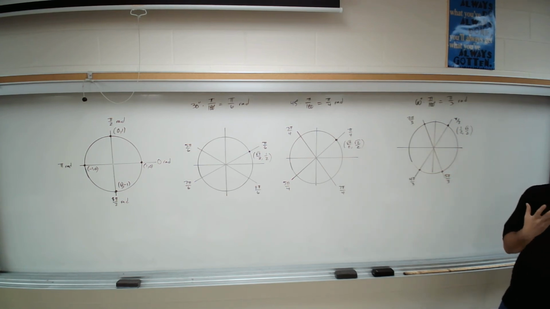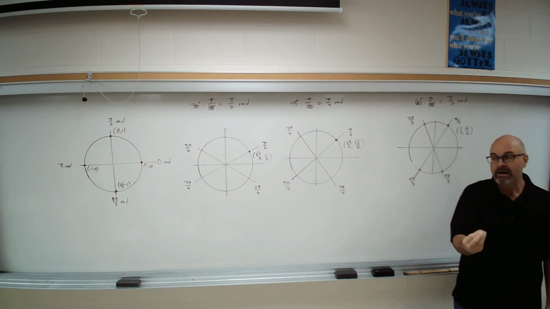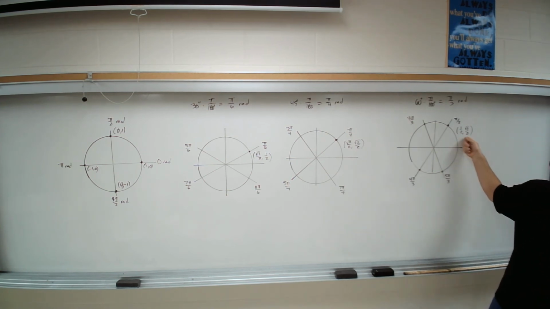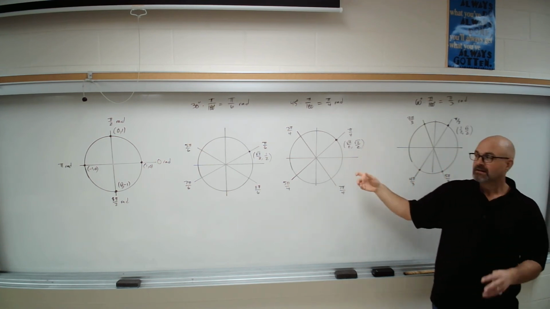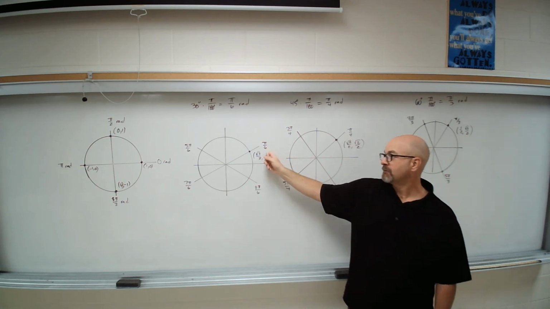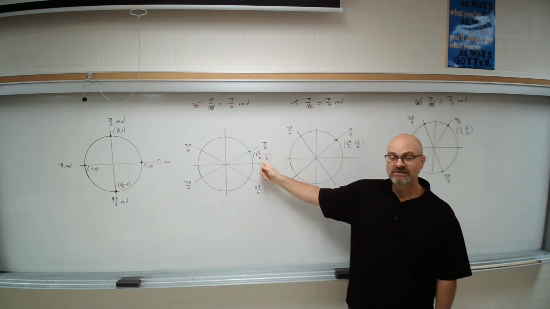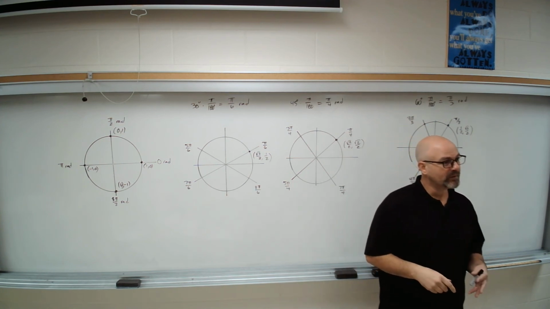And even another pattern to help with that, if we see it's over 3, we know it's going to be some version of this point. If we see it's reduced and has a pi on top, over 4, it's going to be some version of this point. If it's over 6 and reduced with a pi on top, it's going to be some version of this point, meaning the pluses or minuses will change at that point.